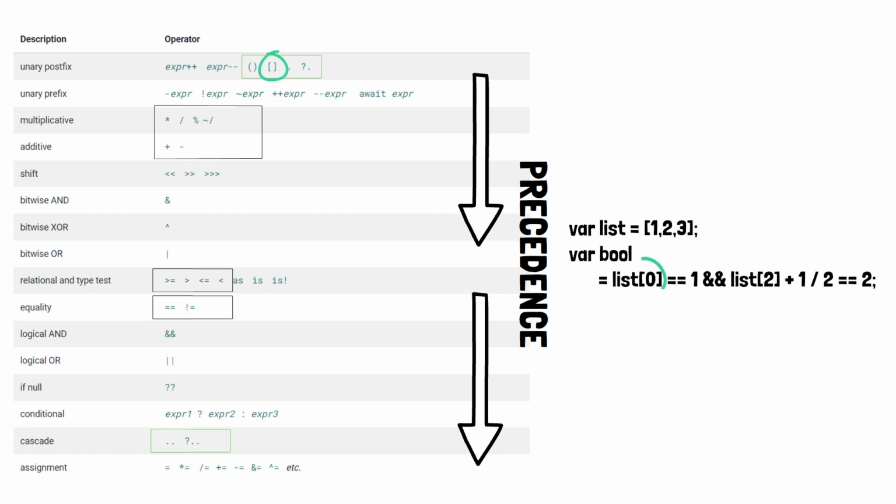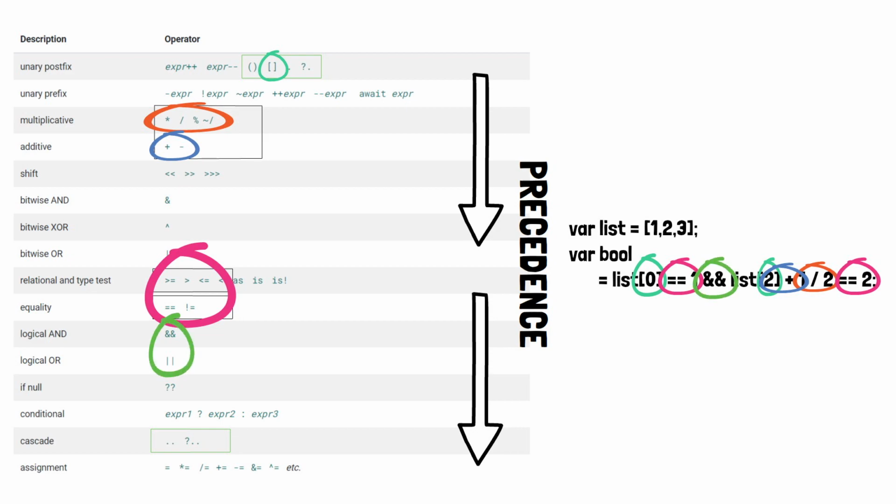We can see that first and foremost, Dart is going to use the unary postfix list access operator to retrieve the value from the list at the specific index, then it will calculate all multiplicative arithmetic operations, then additive ones, then it will take a look at the relations and equality operators, then it will calculate the expressions by using the logical operators, and then only at the end, when the entire expression is calculated, the resulting value is assigned to the variable. By surrounding specific expressions with parentheses, you can tell Dart to evaluate those first.